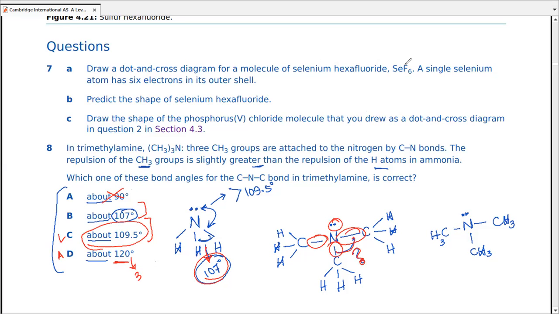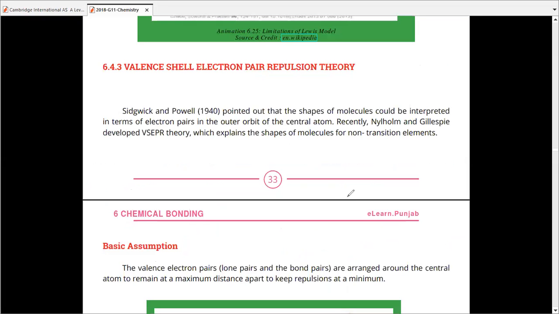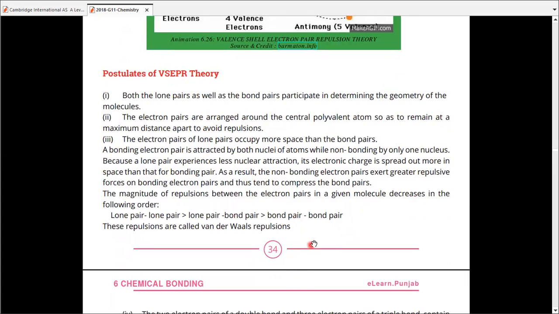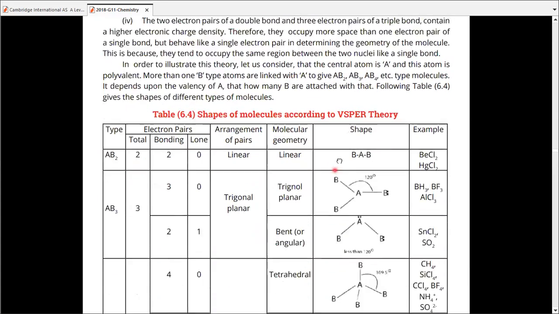Now, I am going to show one. This is a Pakistani stream book. Many other books from Pakistani or Indian or American streams may contain the same thing, so you can pick any of those reference books for this idea. This goes on with valence shell electron pair repulsion theory and a few postulates that we have already discussed. Why am I picking this book?